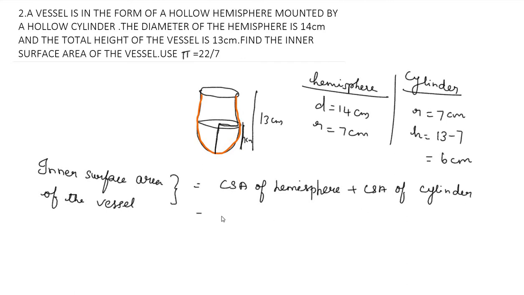So what is the formula for the hemisphere? 2 pi r square. And what is the formula for CSA of a cylinder? 2 pi r h.